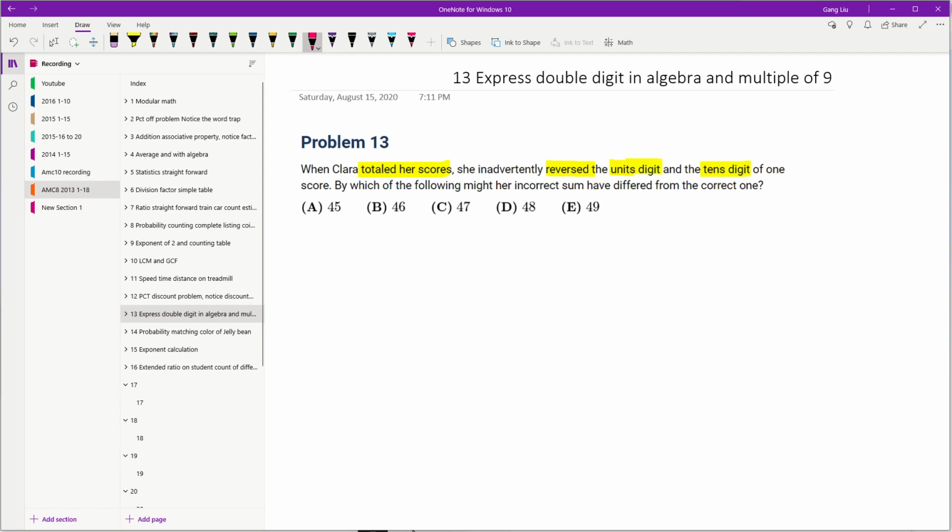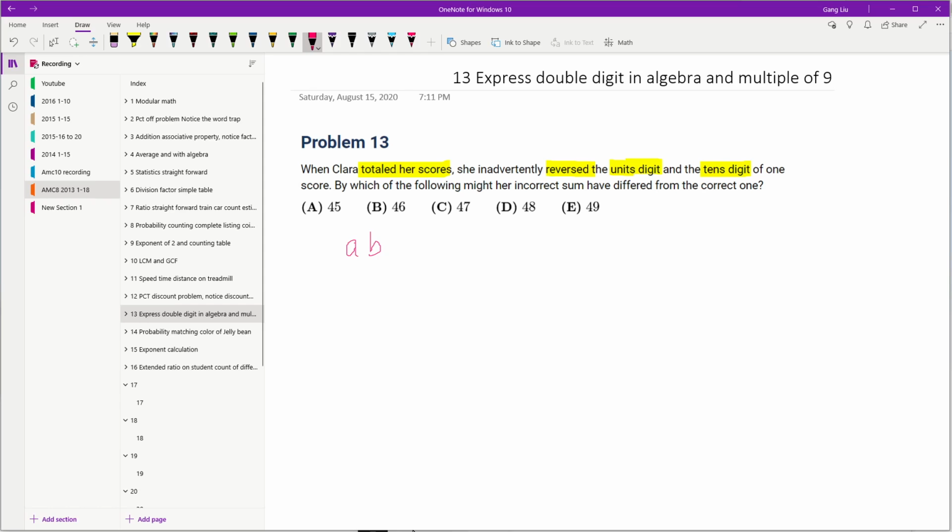So let's assume the original digit of the score is AB. A is on the tens position and B is on the ones position.